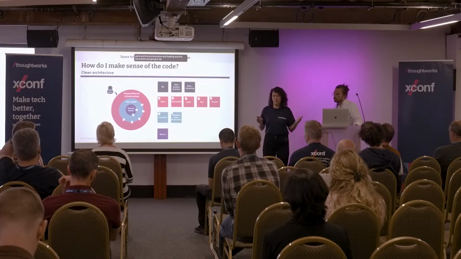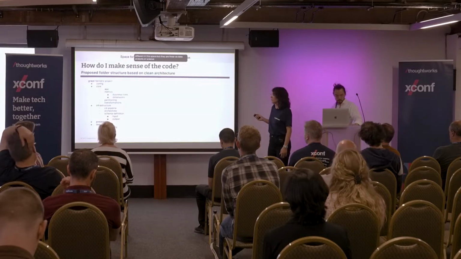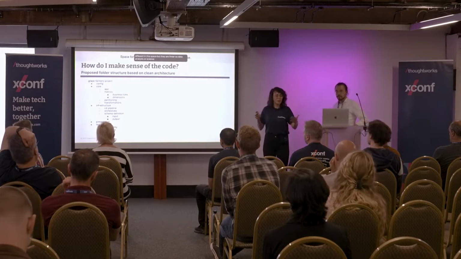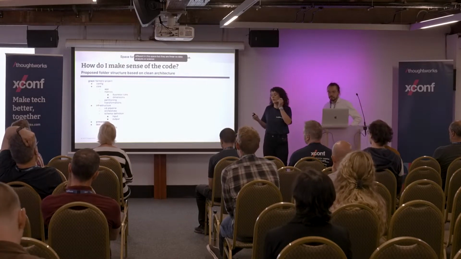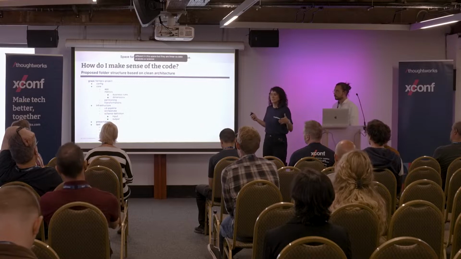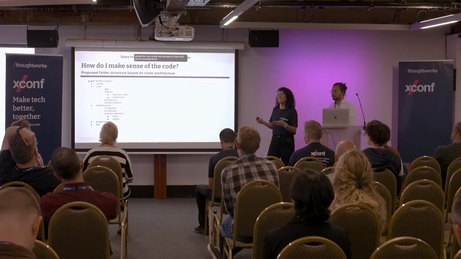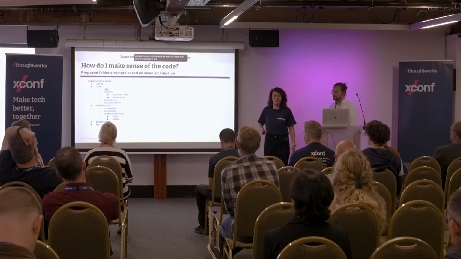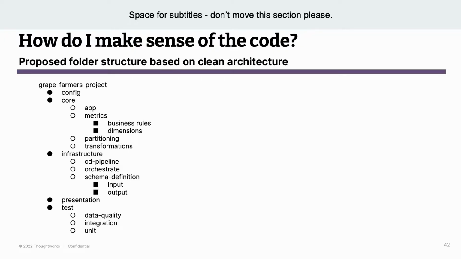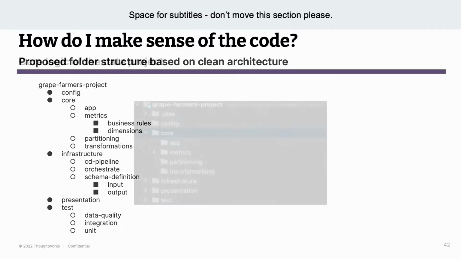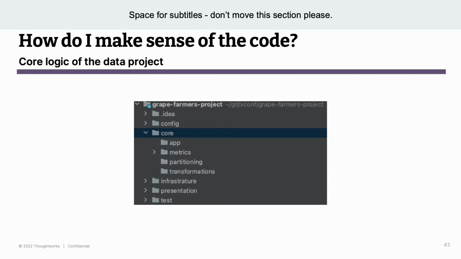We want to share with you an example of the folder structure for the code, because it's not just about saying that you are applying clean architecture, you have to actually organize your code like this. So for someone like me, starting in a project, it's going to be easy to understand what the data project is about.